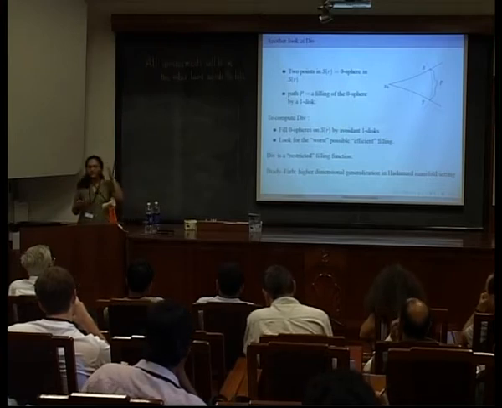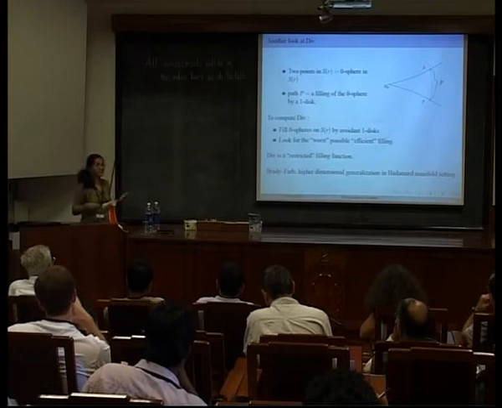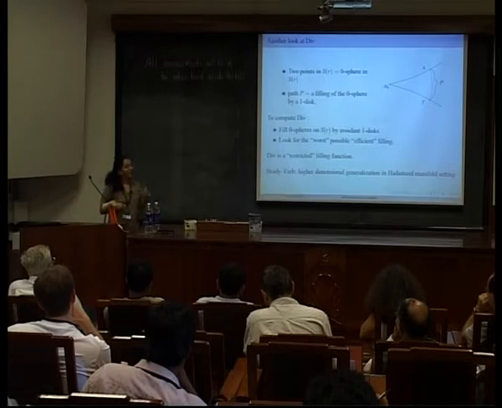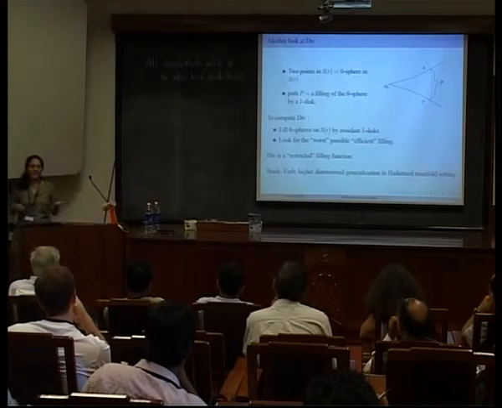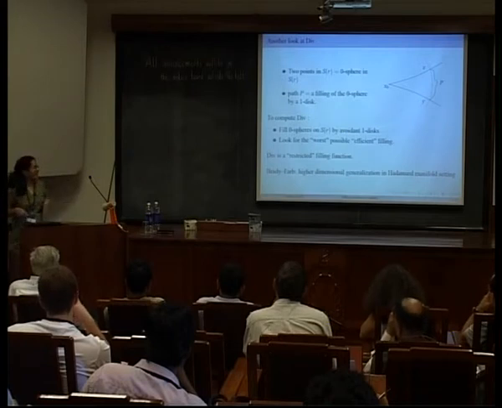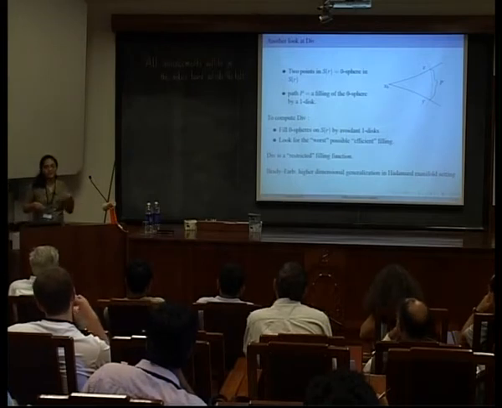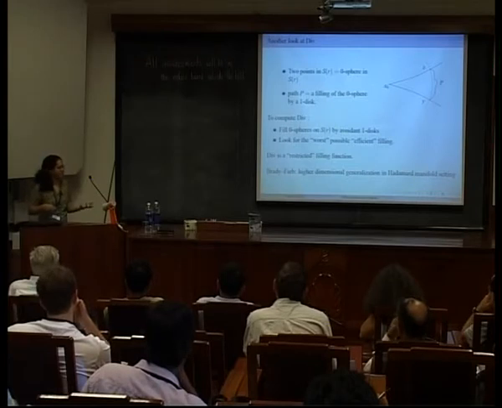Anybody who's thought about filling functions knows that when you're trying to fill something with something else, there are some choices involved. A k-dimensional sphere can also be thought of as a k-dimensional cycle, and a k+1 dimensional ball can also be thought of as a k+1 dimensional chain.